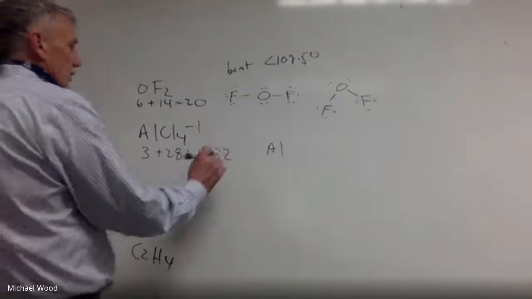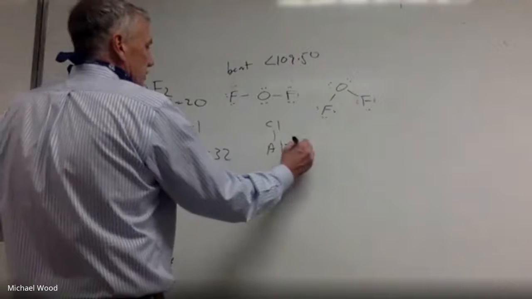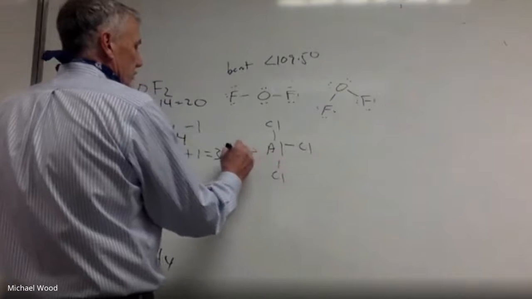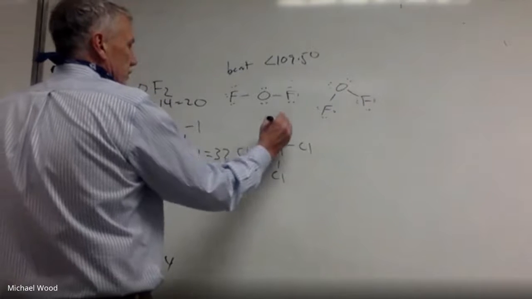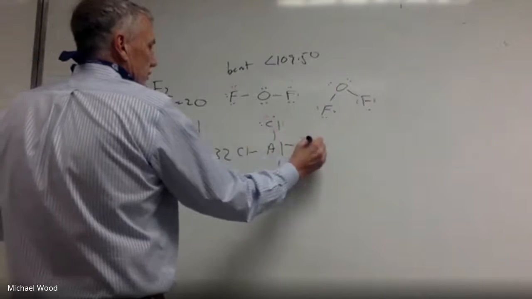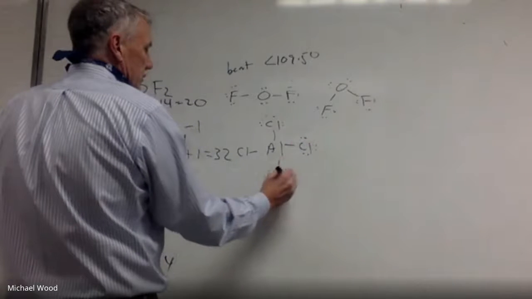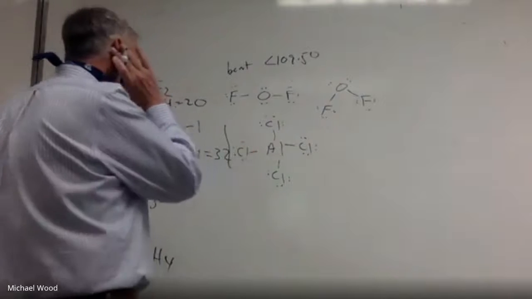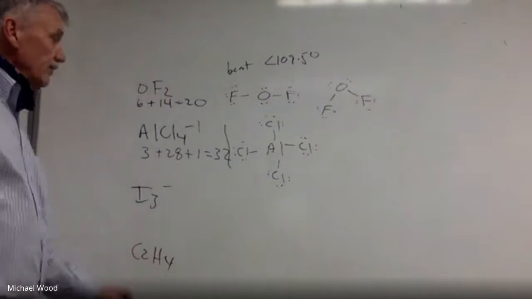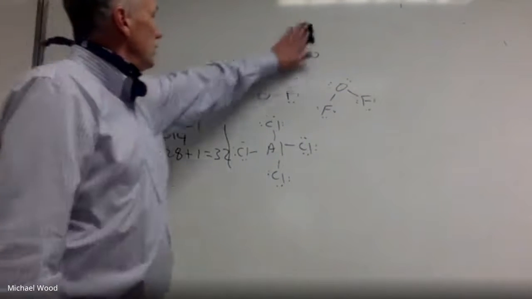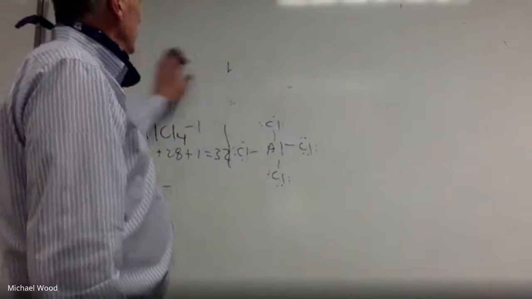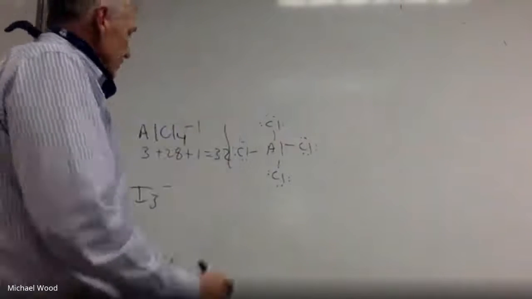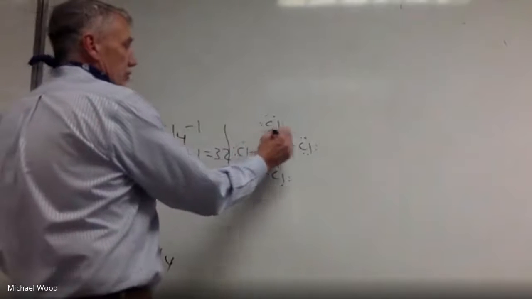It's a good question. Okay, so back here, aluminum is the center. The chlorines are around it. Okay, so again, if I count the electron domains around the central atom, 1, 2, 3, 4.